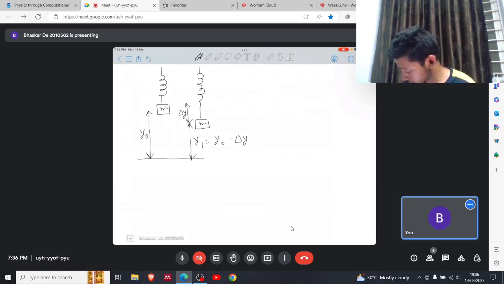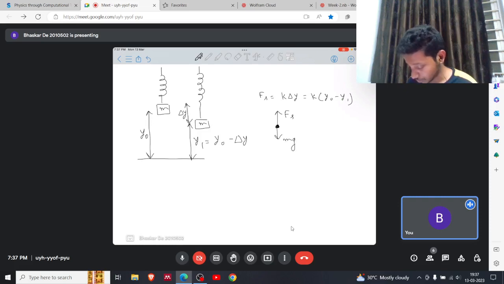So now the spring force is k delta y, which is k times y naught minus y1. Now there are two forces acting on the mass: one is Fs and another is the weight of the mass, that is mg.